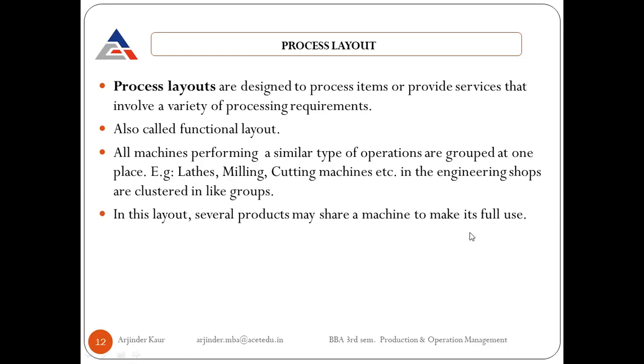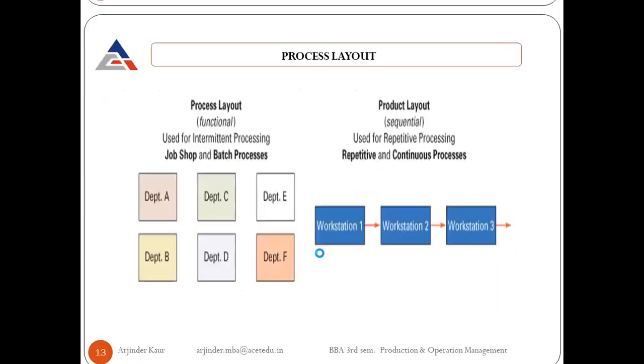In product layout, it was not possible to produce a variety of products, but in process layout we may produce a variety of products. That means any products that require a similar type of processing can be produced. This layout is suitable for a job order production system or batch order production system.